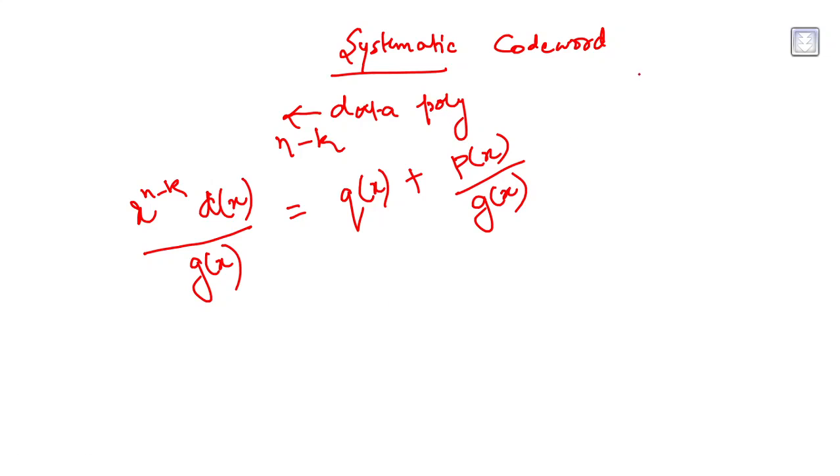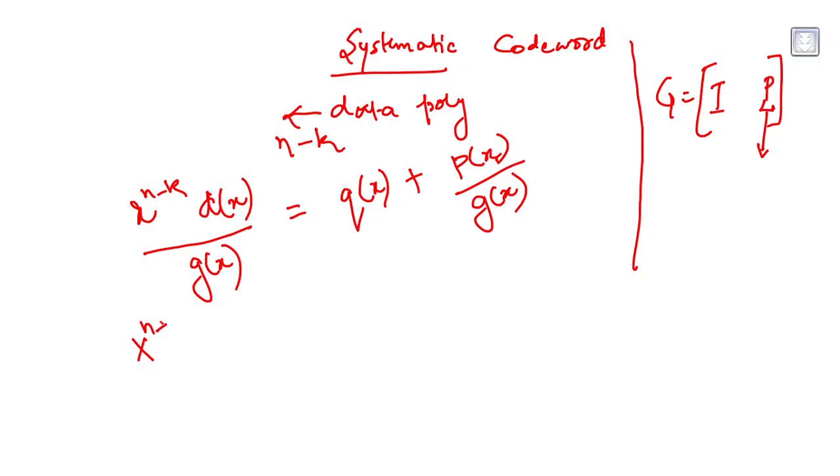Just for a quick recap, a generator matrix consists of an identity matrix followed by a parity matrix. The identity matrix we know we can develop; the only requirement is how to get P. So if I multiply it, I will be getting x to the power of n minus k d of x equals q of x g of x plus p of x.